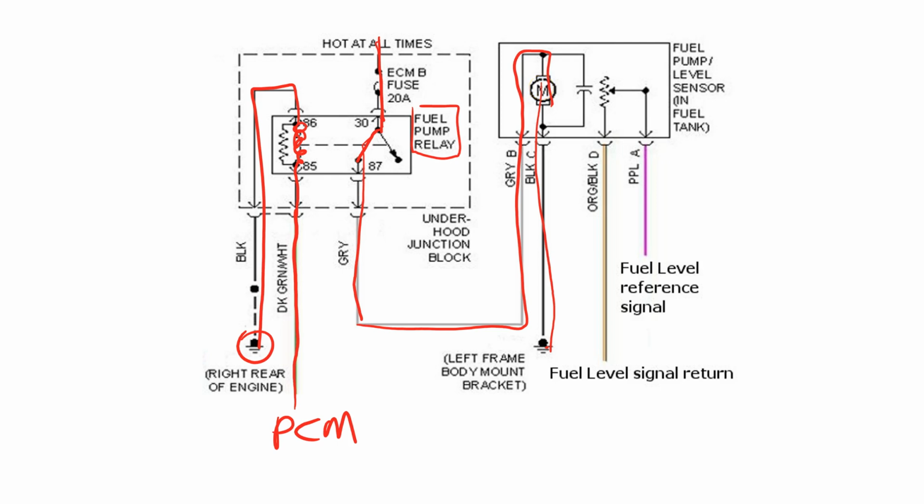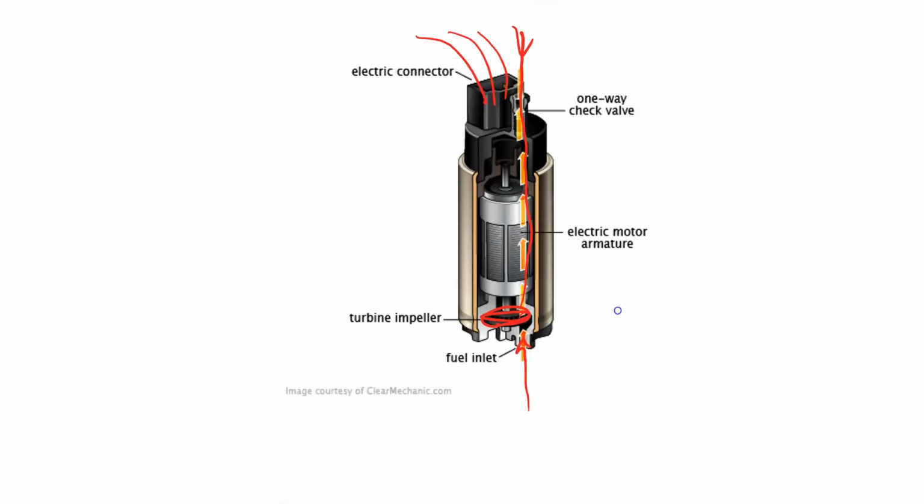The motor is running. The turbine impeller creates a vacuum and sucks fluid into it, then pressurizes it and pushes it all through the lines to the front of the engine, to the front of the car, and into the fuel rail and into the injectors, waiting for the injectors to open.